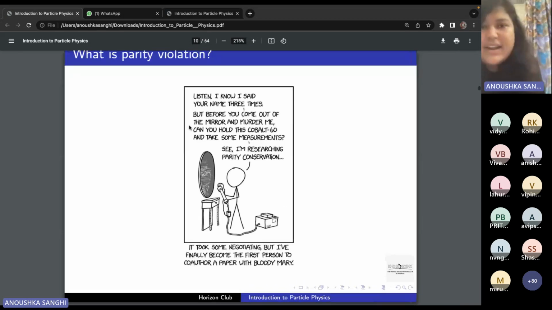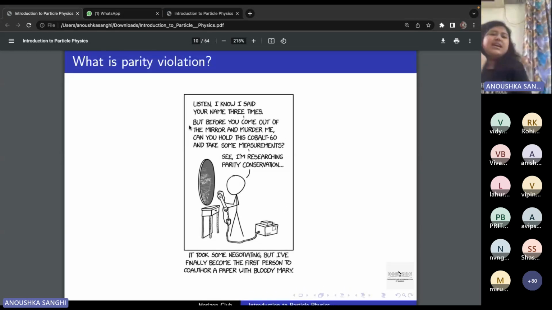And for parity violation, we can start with this: if you have ever looked into a mirror, you might have seen one difference, which is that your left side appears as right, and the right appears as left. But have you ever thought about the physics laws?